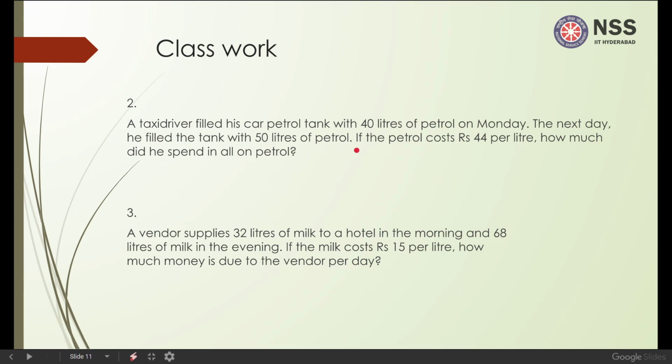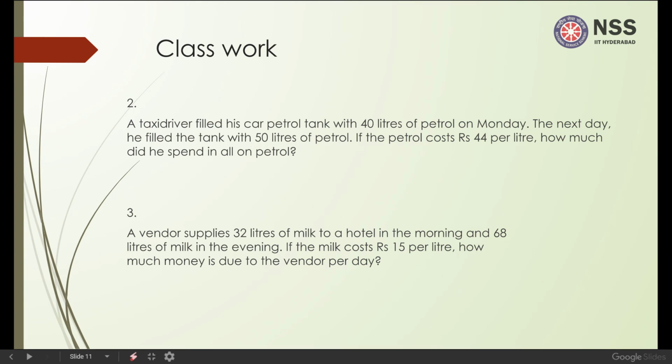So the cost of 50 liters of petrol is 50 multiplied by 44, which is 2200. Adding these two, 2200 plus 1760, we get 3960 rupees, which is the same as what we got earlier. Therefore, the taxi driver spent 3960 rupees on petrol.